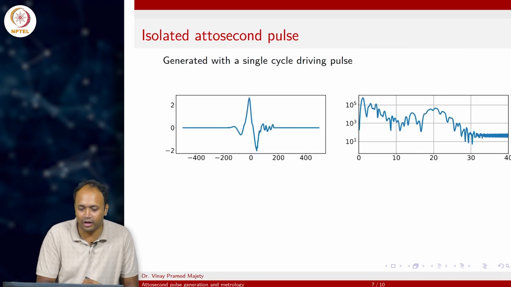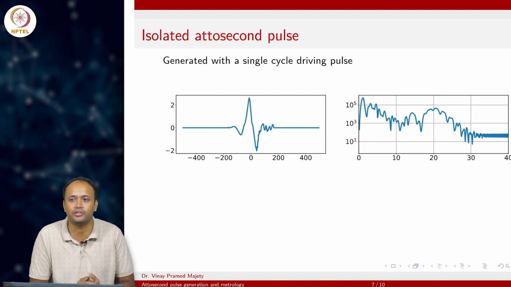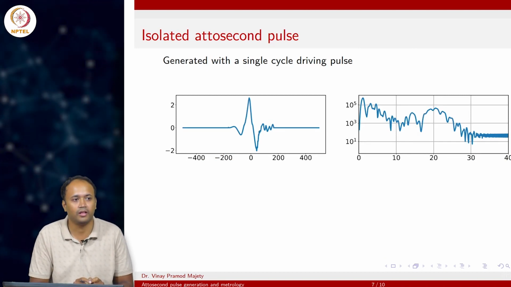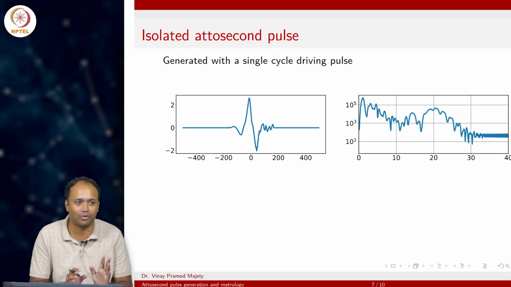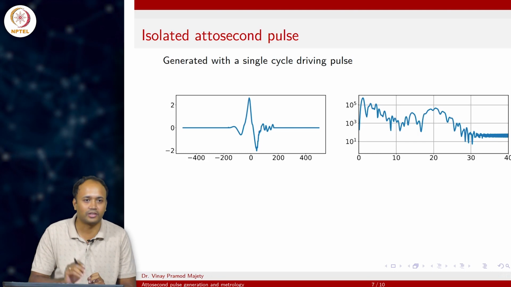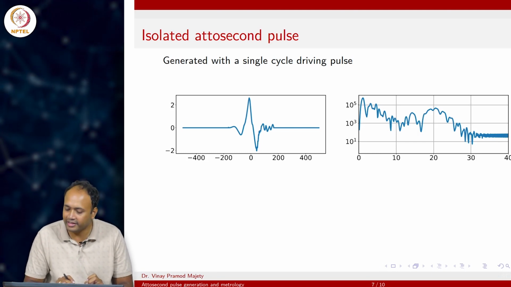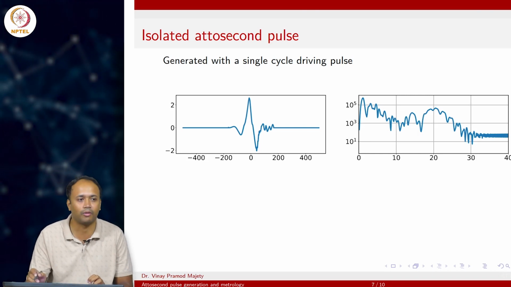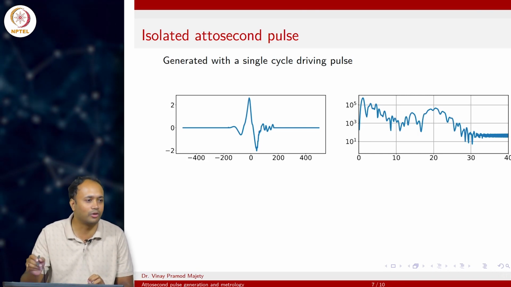Okay, so now if I want to generate an isolated attosecond pulse, as we discussed in the context of the first slide, you need a single-cycle or 2-cycle pulse, and then you get a single attosecond pulse. Now one important thing to notice is that when you have a single attosecond pulse, its Fourier transform does not have harmonics.